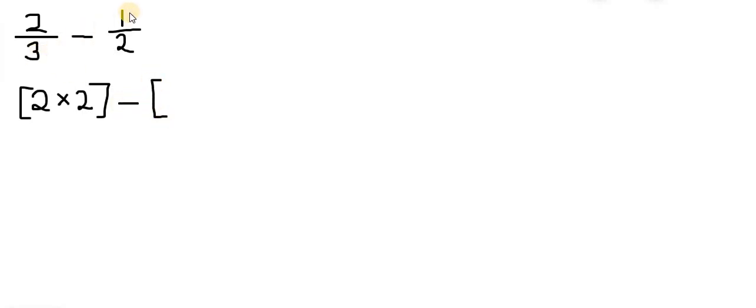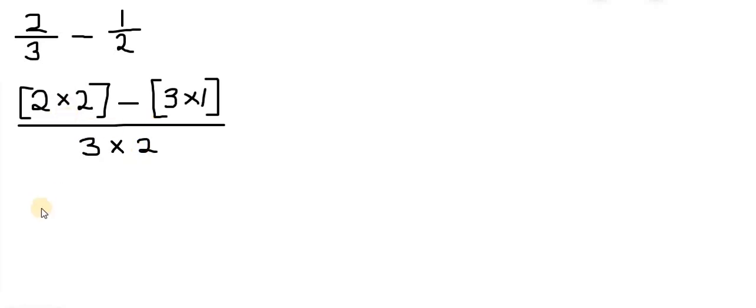And then I go across 3 times 1, all over, along 3 times 2. So 2 times 2 is 4, minus 3 times 1 is 3, all over 3 times 2, which is 6. So I end up with 4 minus 3, 1 over 6. Okay?